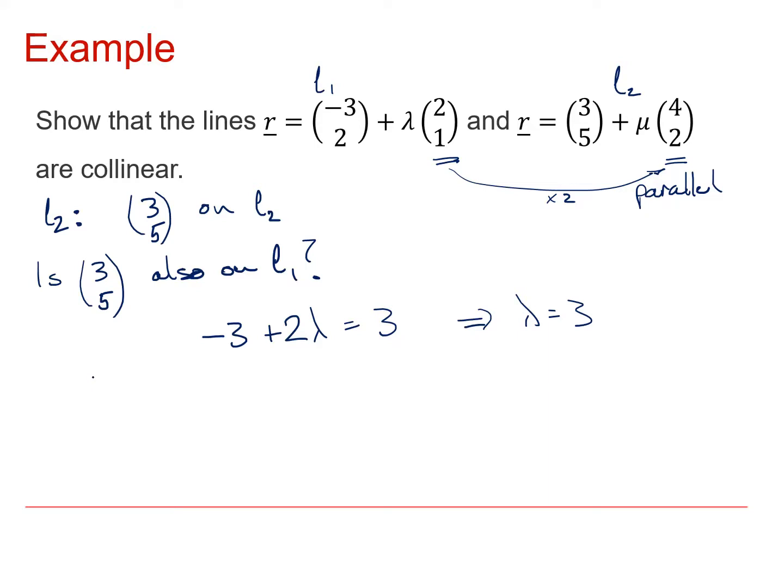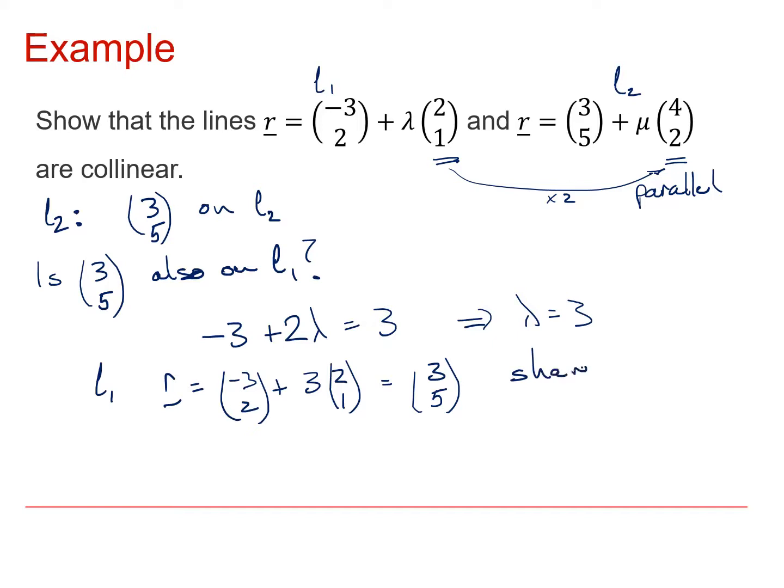So if lambda equals 3, if we think about L1, we know that r is equal to -3, 2 plus 3 lots of 2, 1. And that's equal to 3, we already know, and then 2 plus 3 is 5. So they share a point. So our two conditions are satisfied, they're parallel, and they share a point, and so therefore they are collinear.